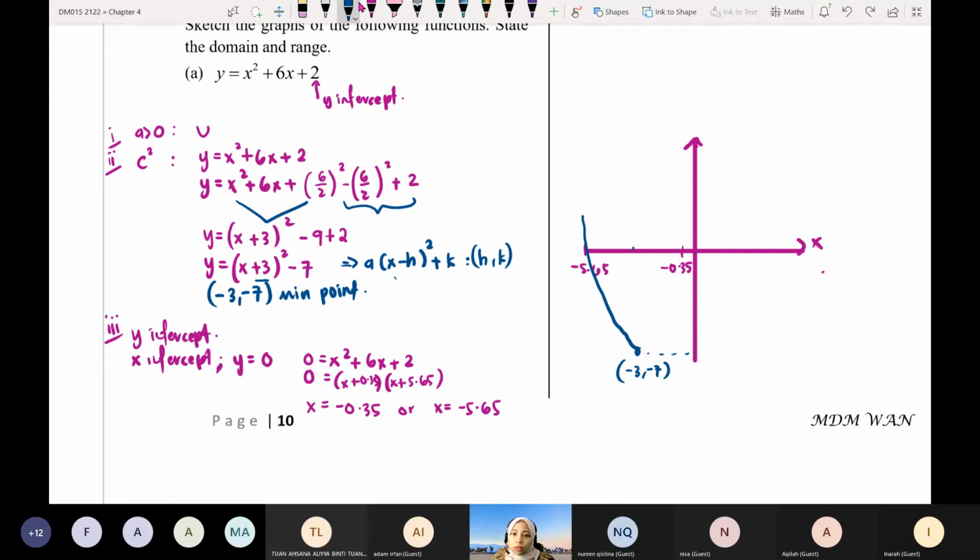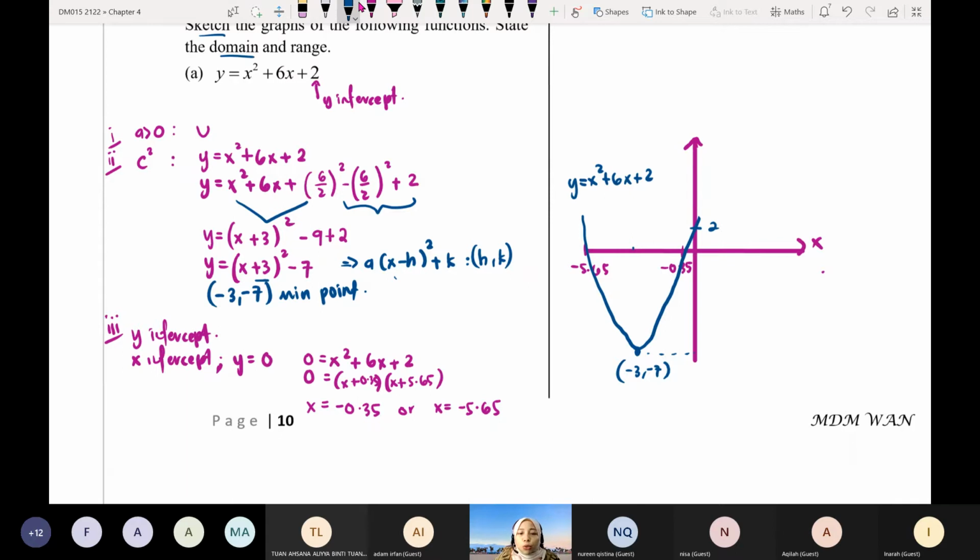Macam mana cikgu nak buat ni? Bagi cantik-cantik sikit lah. Macam tu. You all buat smooth-smooth lah. Cikgu susah pakai pen. Okay, and then tulis 2. And then the function apa? y equals to x square plus 6x plus 2. Okay. And then next step, sketch sudah.